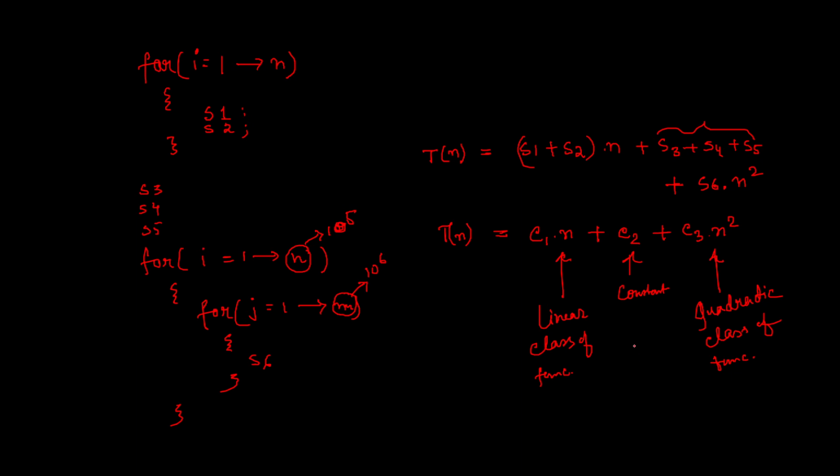So now question is that, till now what we have discussed all actually dealt with a particular class of function, but here the program that I have written here in the left side is representing a mixture of two different classes of functions. So which one I will take? Is my program following linear class of function?